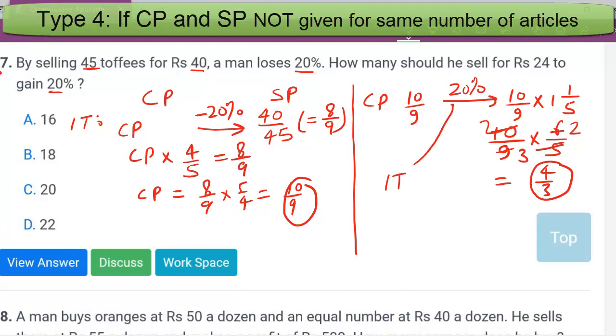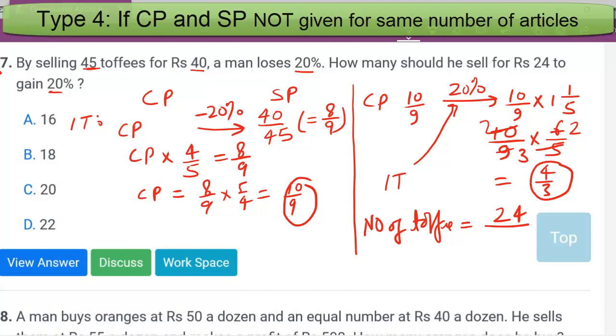Now what you have to calculate is how many toffees he should sell for rupees 24 to gain 20%. So you can calculate the number of toffees he should have in 24. 24 is the total amount that he has, and 4 by 3 is the price of one toffee.